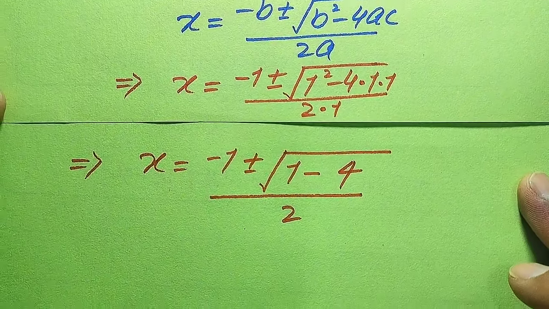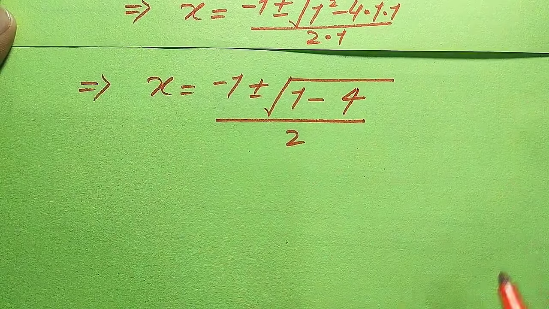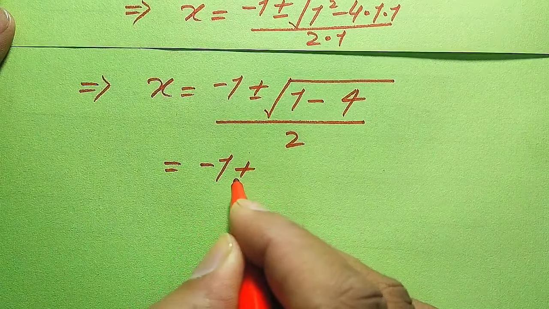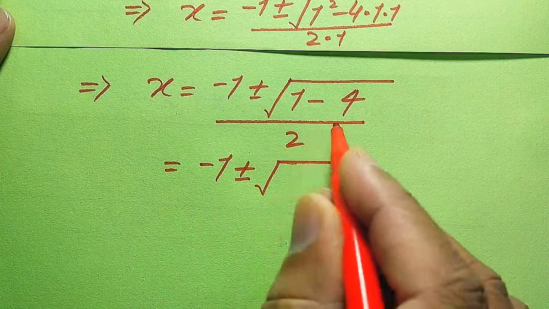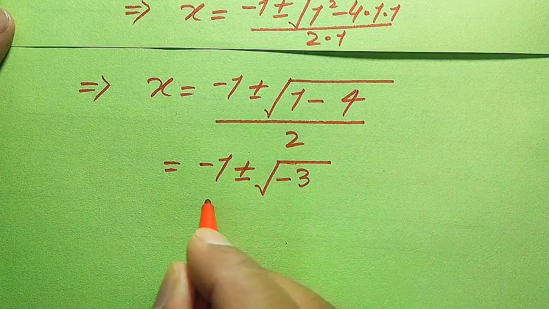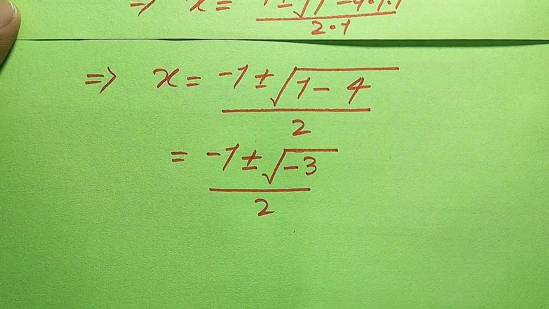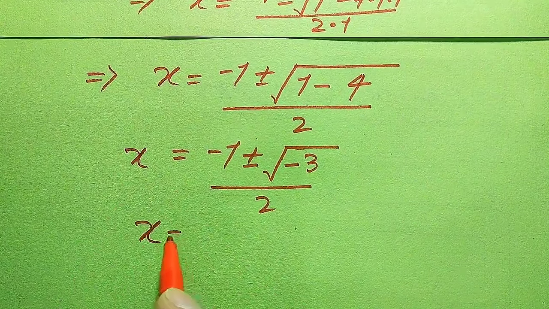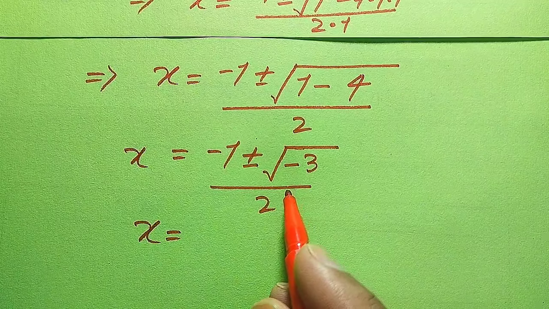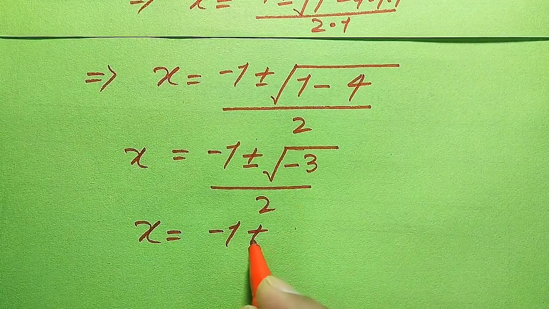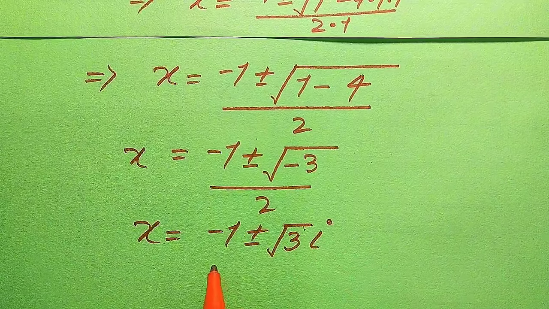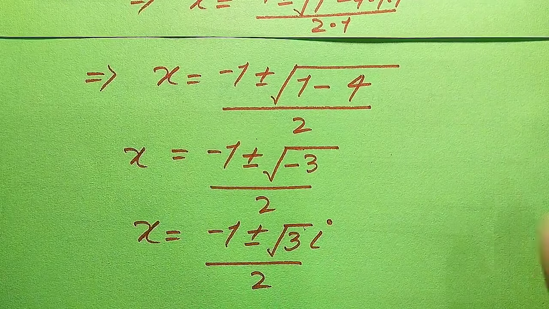And further in the next step it will be written as minus 1 plus minus square root of 1 minus 4, which becomes minus 3, divided by 2. So here you see that when a negative sign appears inside the square root, it becomes iota, and we get here minus 1 plus minus square root of 3 into iota, divided by 2.